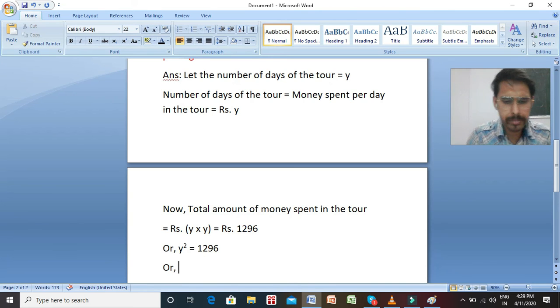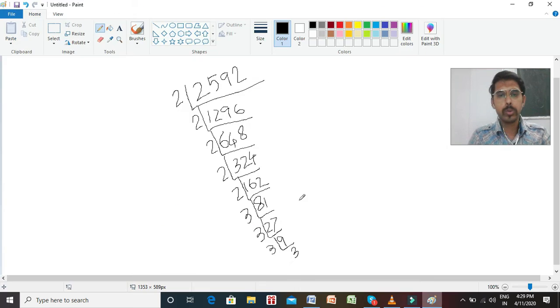Now in order to find out this value of y, we need to again do this particular prime factorization. So here we have 1296, which we need to work on. Let us directly do it with 4. We don't need to make a prime factorization, we simply make factorization only, that will do.